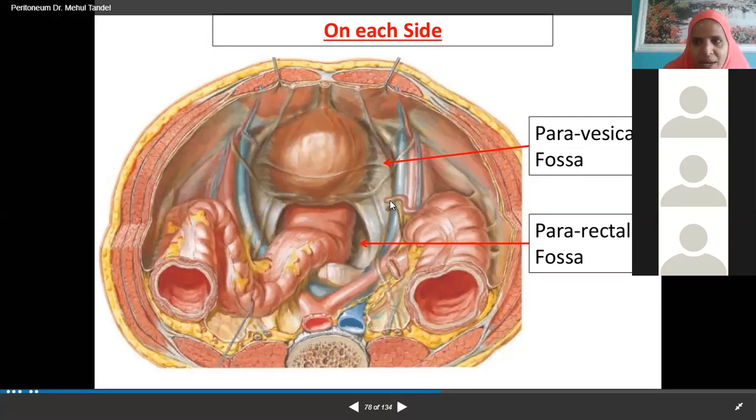Ascending colon. Because the appendix is here, you can easily make out the ascending colon. What may be this? Descending colon. Then what is this? Sigmoid. Then what is this? Rectum. Is it a male pelvis or a female pelvis?